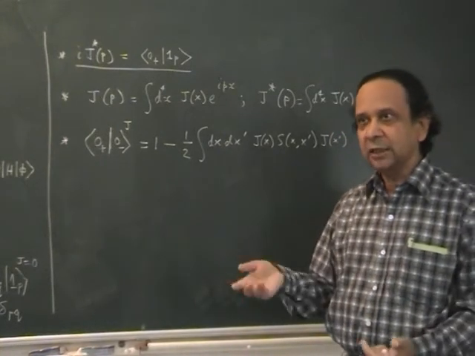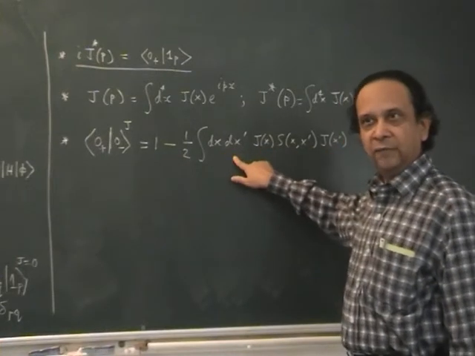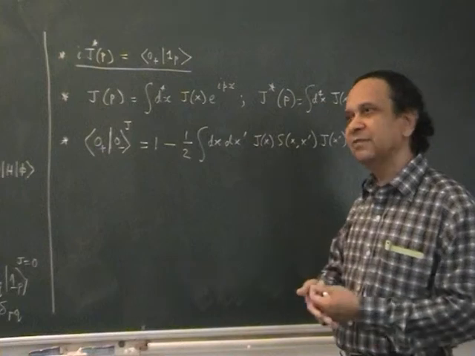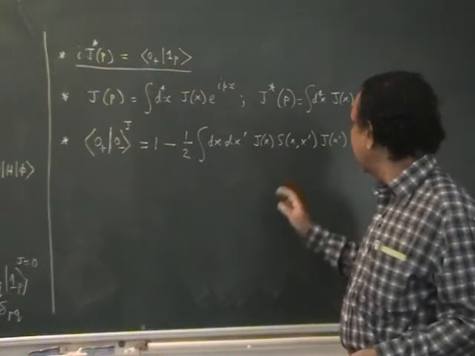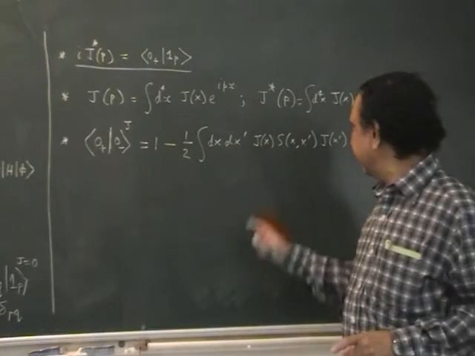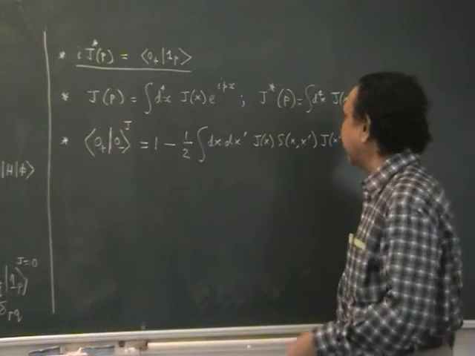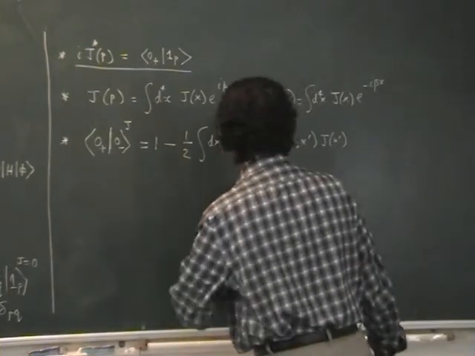But J is a function, so you have to keep one J and another J and integrate over all of them. This is what you would have called a quadratic functional rather than a quadratic function. And there can be some function S here. The only thing which we know about S, and which of course will play a crucial role as we go along, is that it is symmetric.